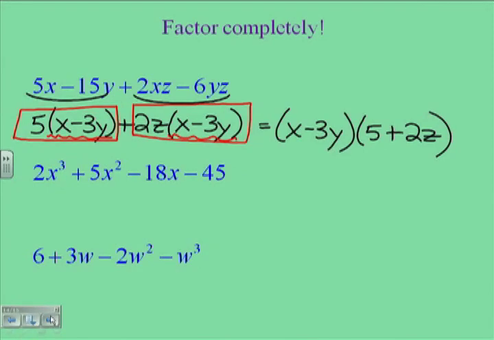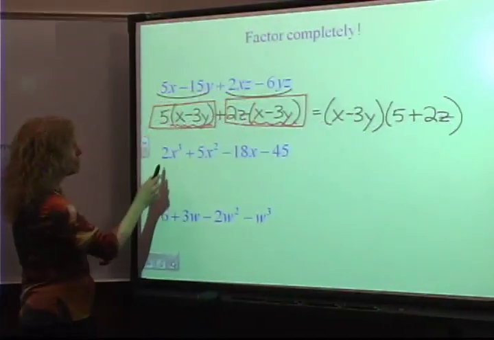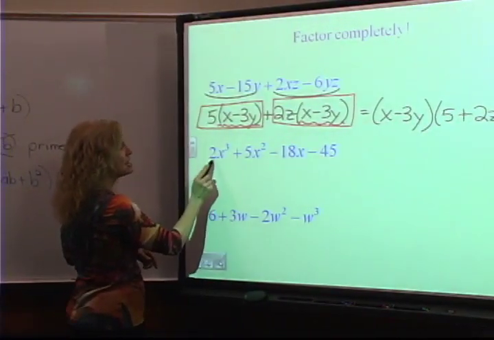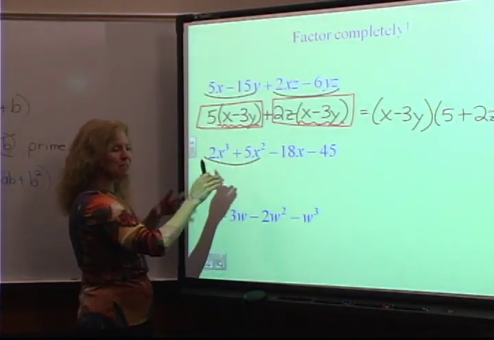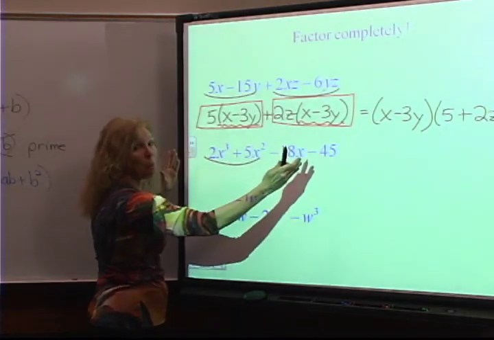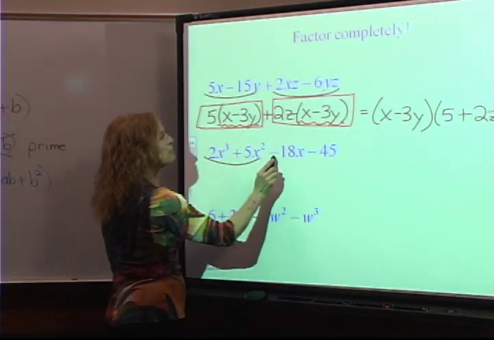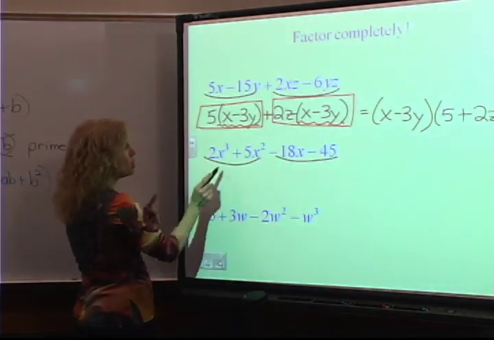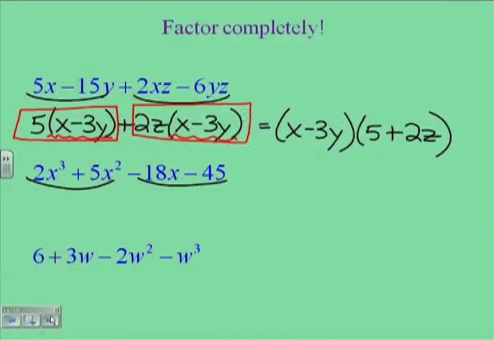And I think we'll just do this last guy, or this will be our last guy. Look at the first 2 terms, because I've got 4 terms, and the greatest common factor of all 4 of them is 1. So I decide I'm going to pair them off. What's the greatest common factor? I can take out an x squared, and I would be left with 2x plus 5.